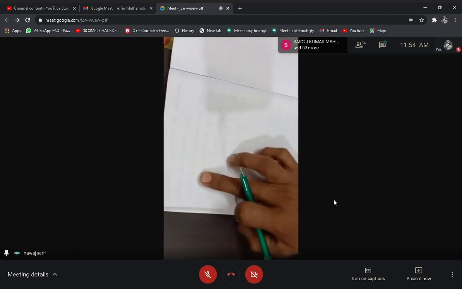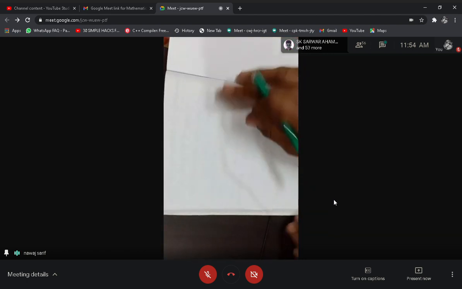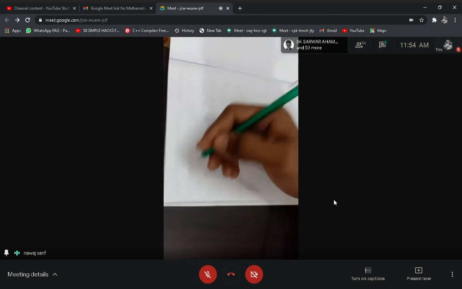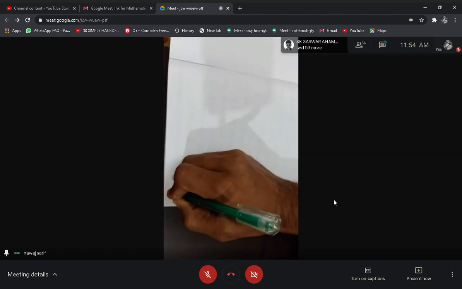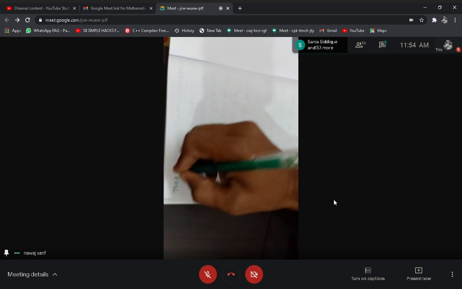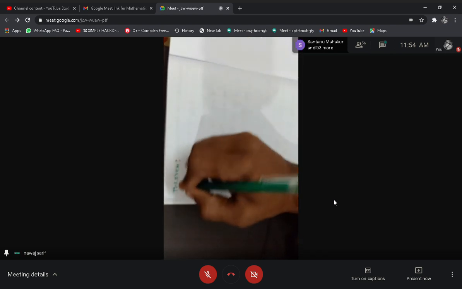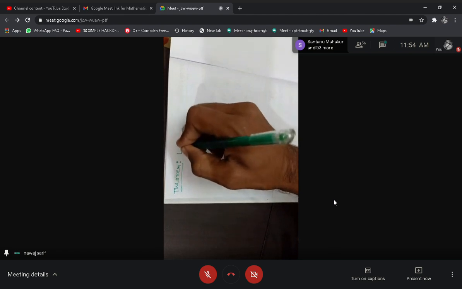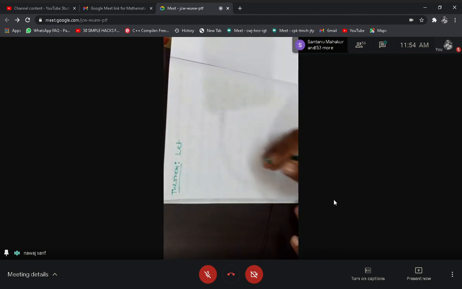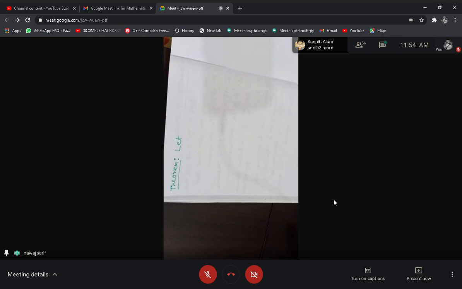Now write down another theorem, the composite property of a continuous function. In your syllabus only statements are there; the proofs are not in your course.